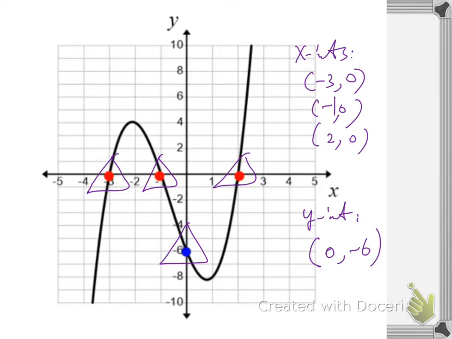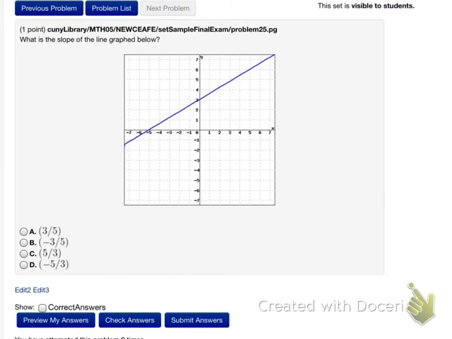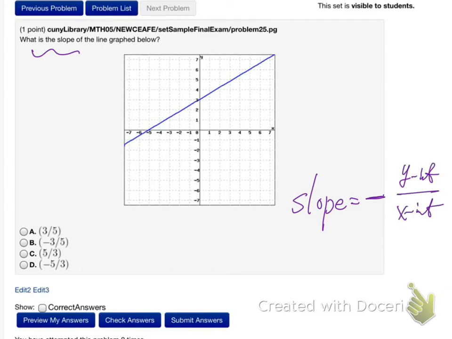Now let's go back a little bit to Math 5. Let's look at this Math 5 final exam question. They want to find the slope. If you use the x and y intercepts, what's the slope? The slope is negative y-intercept over x-intercept.